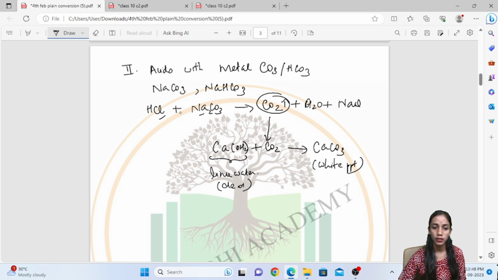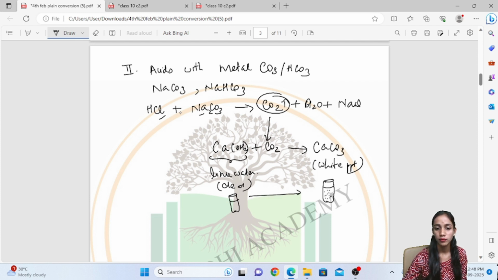Over here the solution was a clear solution. Now there is formation of calcium carbonate, which is a white precipitate which suspends in the entire solution, and this makes the lime water milky.